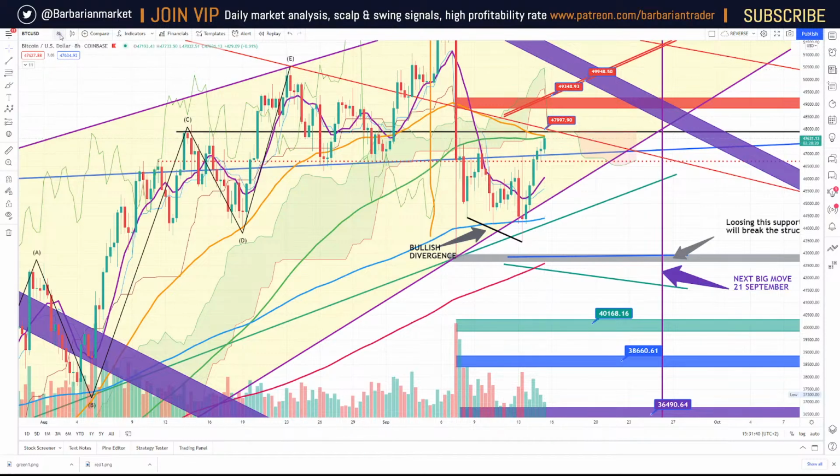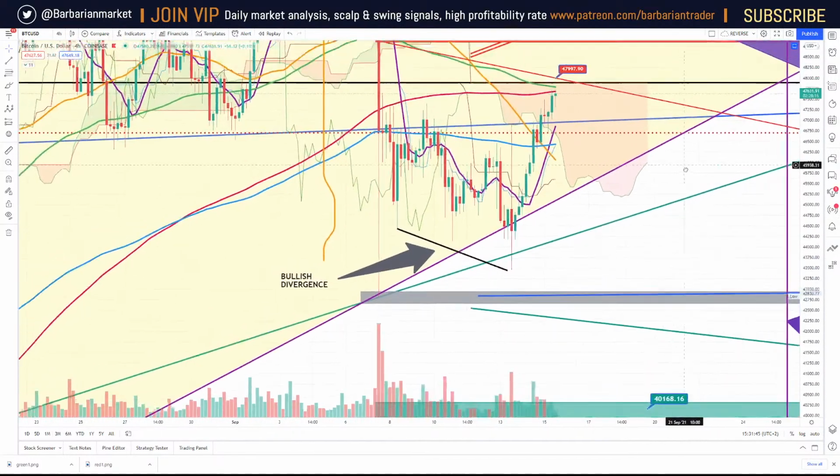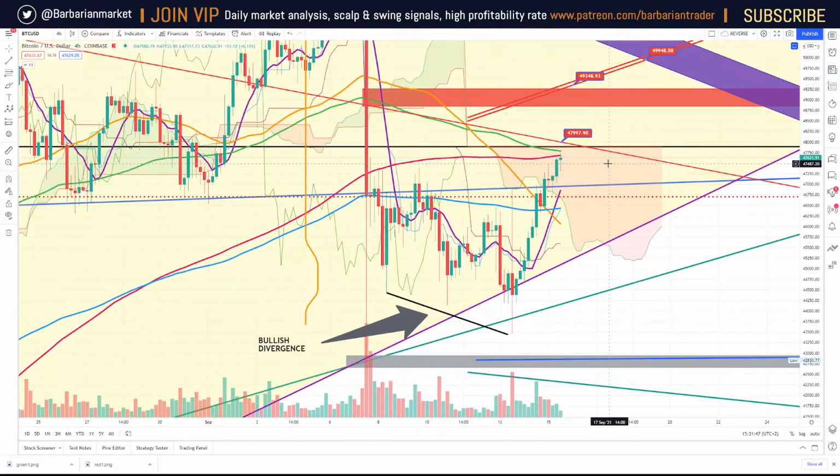Also, if we switch to 4 hour, we'll see that we are in a pretty big and deep Ichimoku cloud, which is in confluence with this red diagonal resistance. Okay, so usually, even if we have some spikes up, okay, let's say that they will break this, and we might come back to test, because first we might come back and test this 900 moving average.